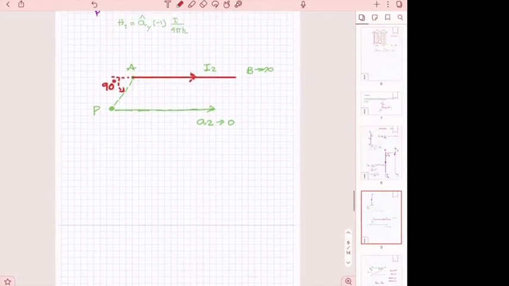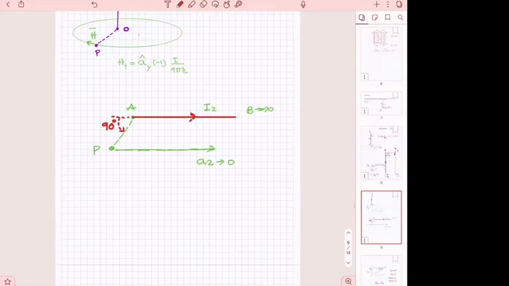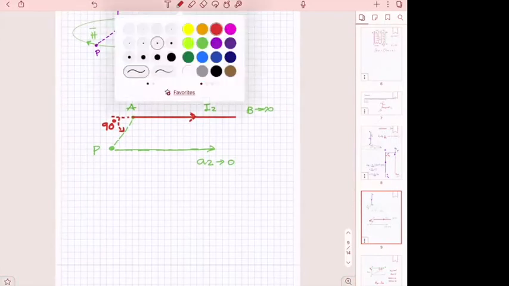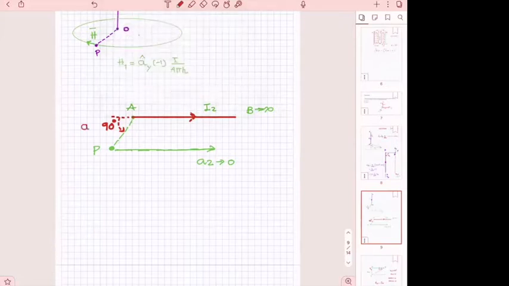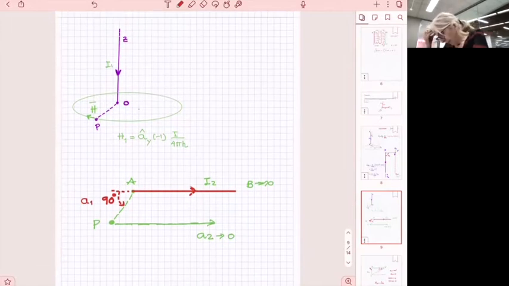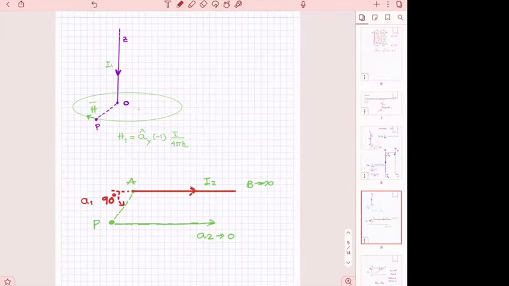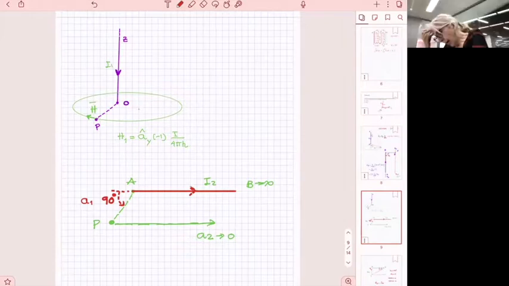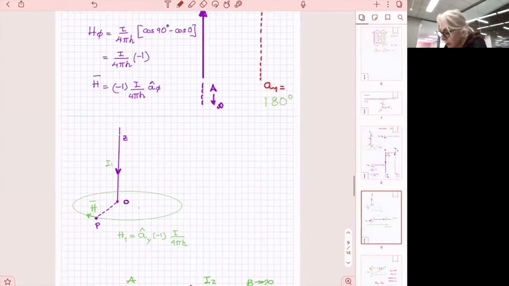So the left side, assuming that the current is going to the right, is always going to be the outside angle, and the right end is going to be the inside angle. So the one which is behind the current is going to be the outside. The one which is in front of the current is going to be the inside.